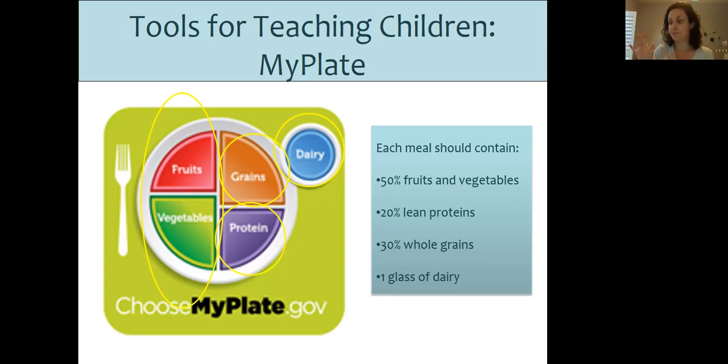If they say they're still hungry after they've eaten all their little portions of the different food groups, then of course they can have more, but at least you know that they've had all the nutrients they needed for that meal because they've eaten portions of grains, proteins, veggies, fruits, dairy. And if they still want more, then you give them another portion the size of their palm.